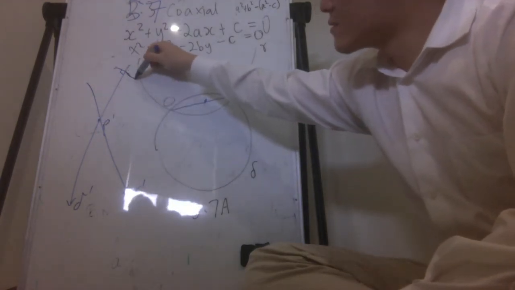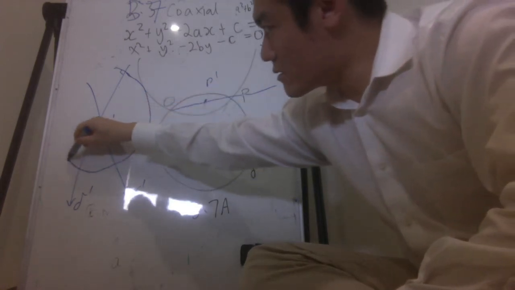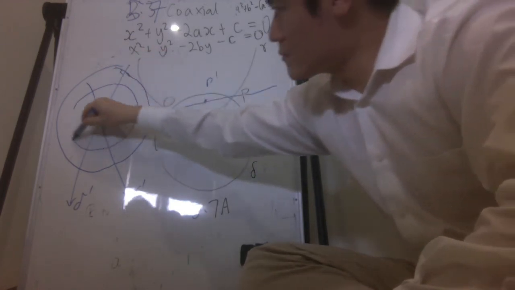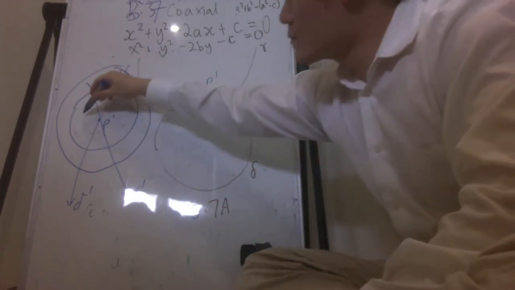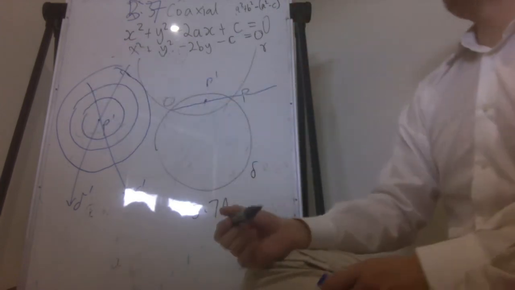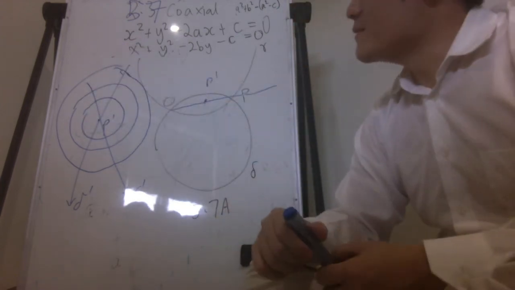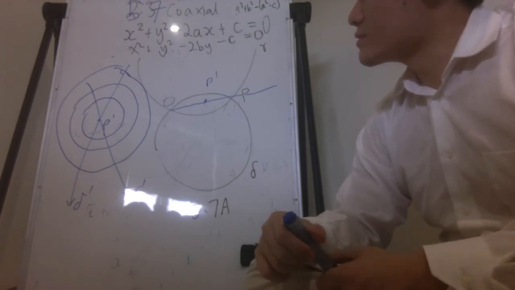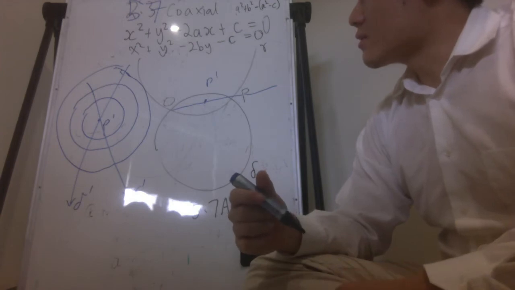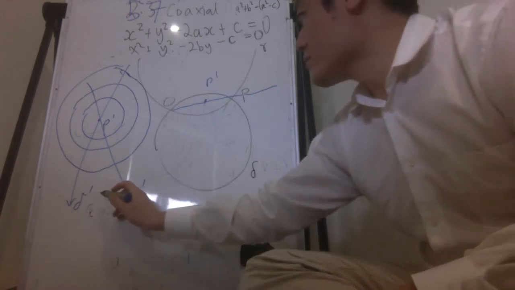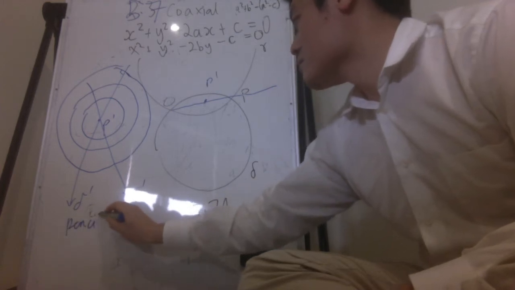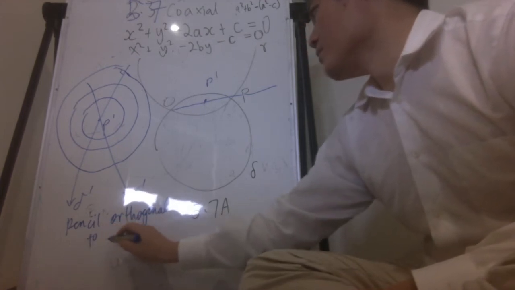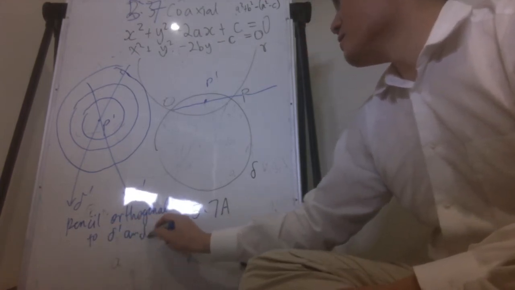Let me draw another one, just in case you don't know what concentric means. So these are the pencil of concentric circles that are orthogonal to both delta prime and gamma prime.